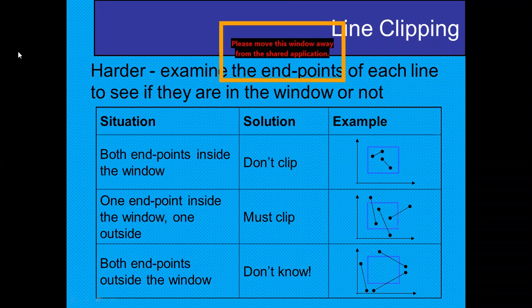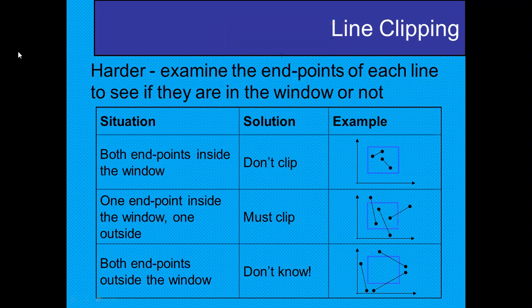After the intersection point, we will discard the exterior portion. Exterior portion means the line which is lying outside and touching the window edge. So when both endpoints are inside the window, there is no need to clip.